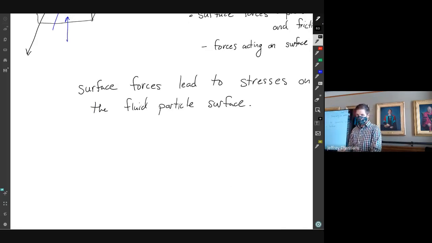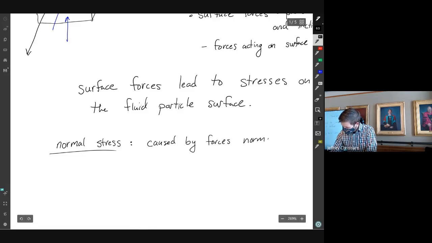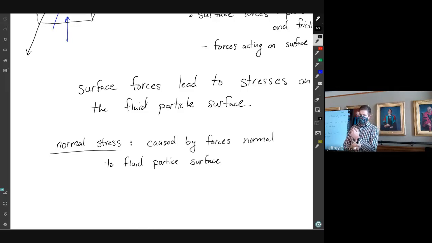Okay, so if we have a normal stress, this is caused by forces normal to the fluid particle surface. The mathematical definition, right?